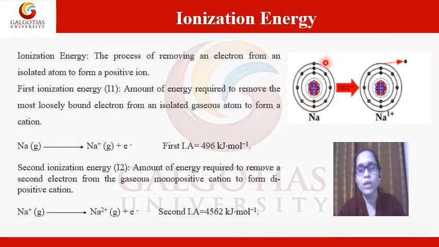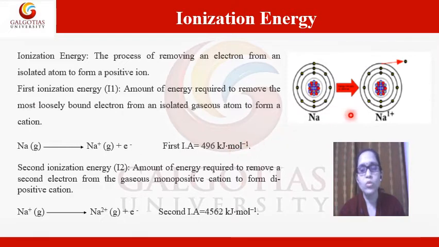Sodium has one valence electron, so to remove this valence electron we supply energy. That means sodium in the gaseous state absorbs energy and is converted into sodium plus 1 ion. So the first ionization energy is 496 kilojoule per mole.